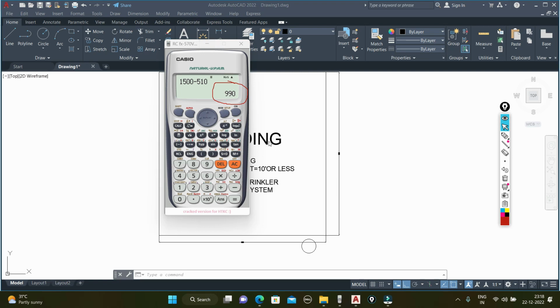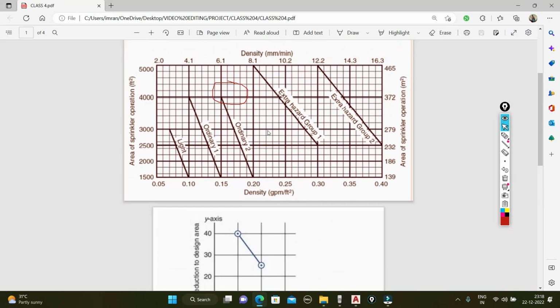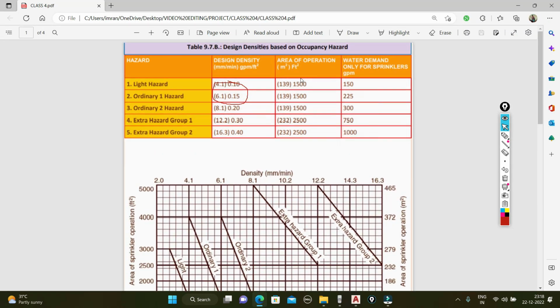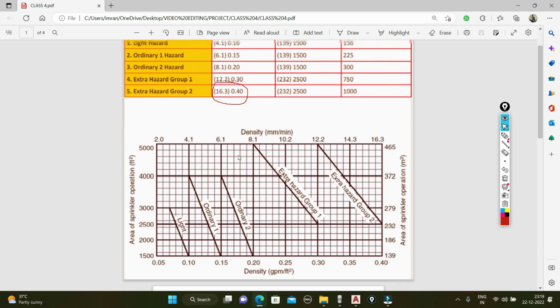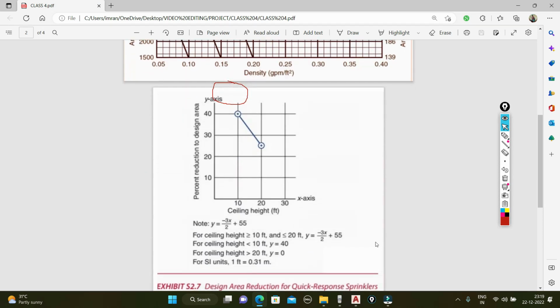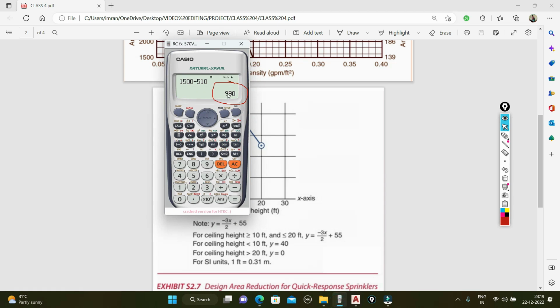But in the chart we see that the area of operation of the light hazard is 1500, but we will not consider this all the time, because this varies according to the ceiling height. If the ceiling height is 14 feet or 15 feet or 19 feet, then we will use this formula to determine our area of operation.